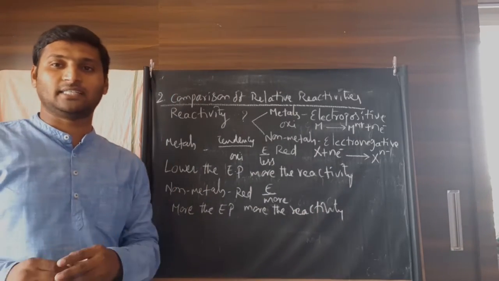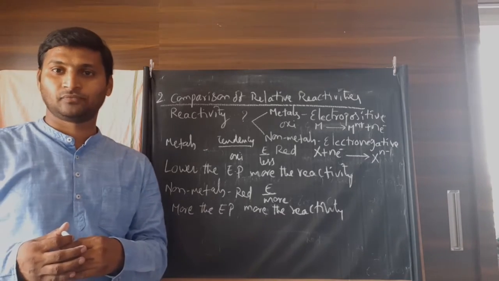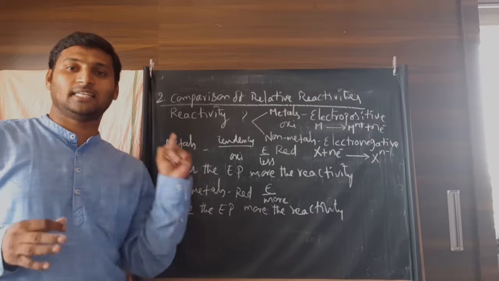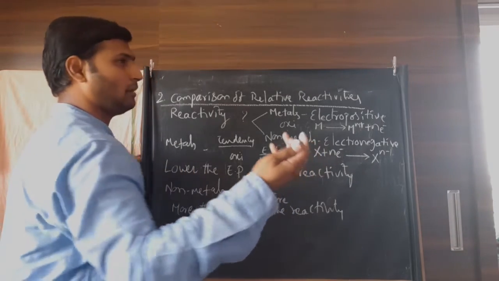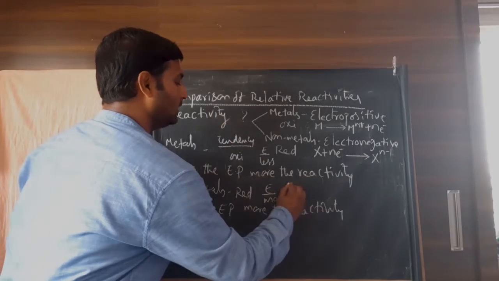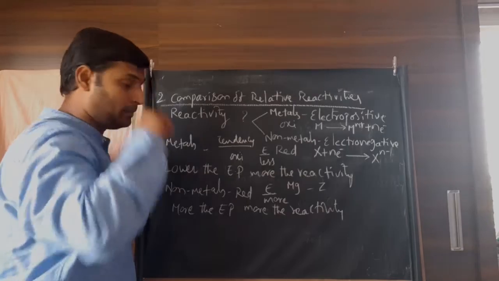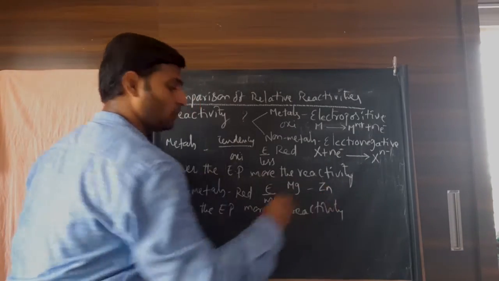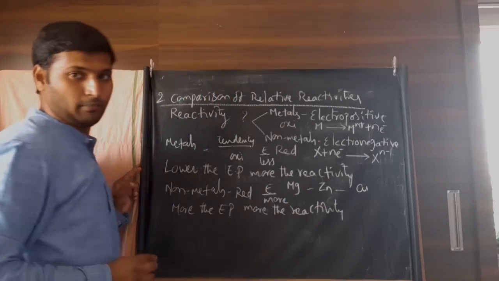Let us understand with examples. Again, keep the electrochemical series before you while deciding this. Keep the electrochemical series and listen to my explanation. Say, let me take maybe 3 metals, one magnesium from alkaline earth metals, S block, other one zinc from D block, other one copper also from D block.